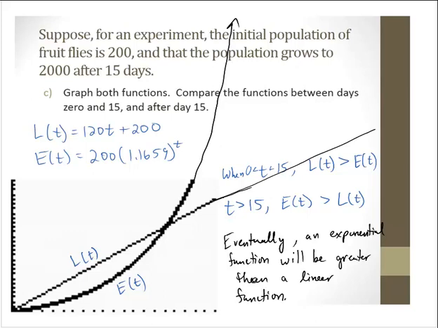Eventually. If we have two functions that are both increasing, one linear, one exponential, eventually the exponential function will overtake the linear function. That completes the presentation for this section.